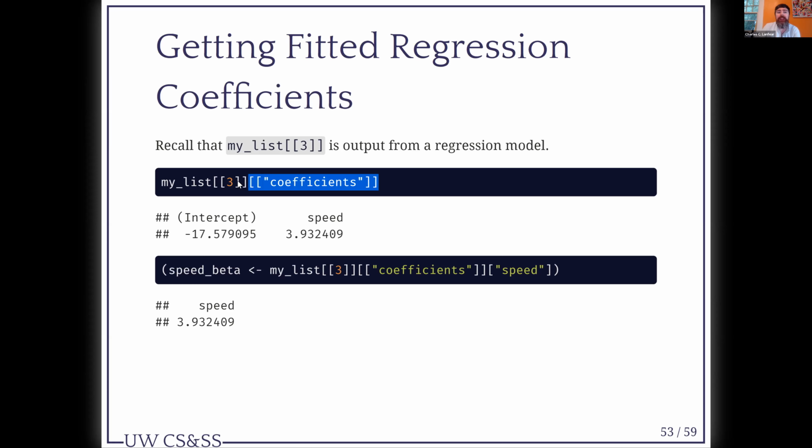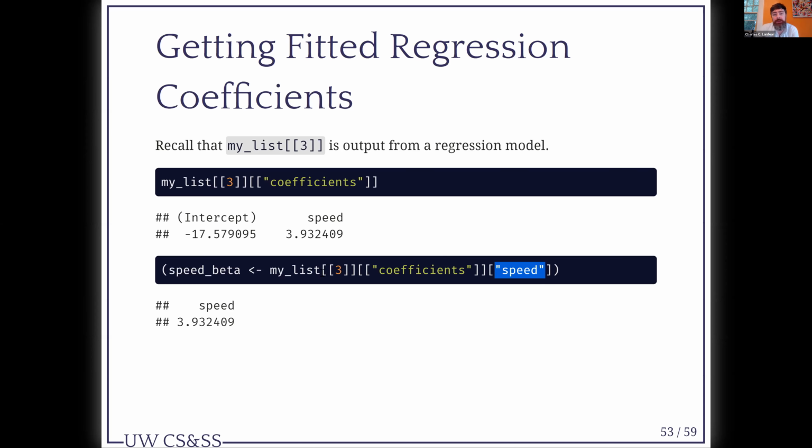I could then say I want to save the beta coefficient for speed, that is the parameter estimate for speed here. I could save this to an object called speed_beta by saying my_list[[3]][["coefficients"]]["speed"].